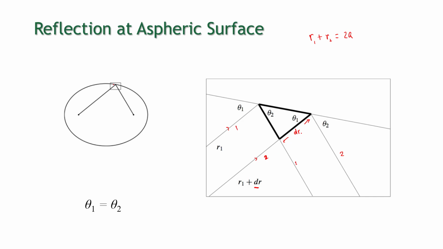To make the sum the same, this needs to be dr less than this 1, or in other words, this 1 needs to be dr more than 2. Does that make sense?